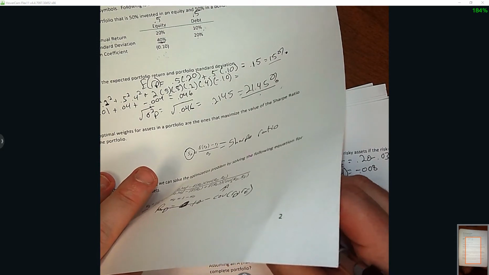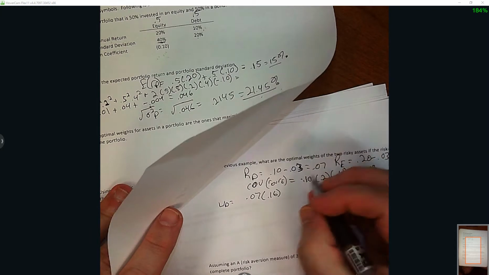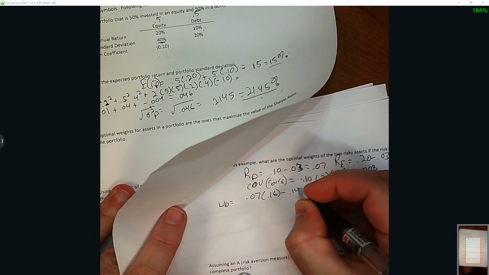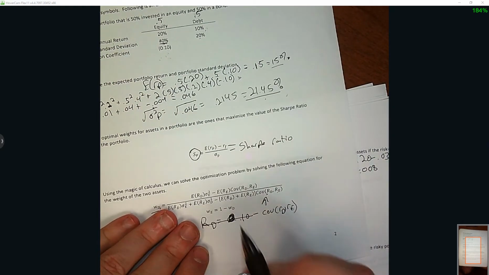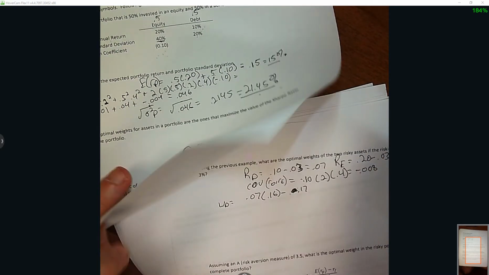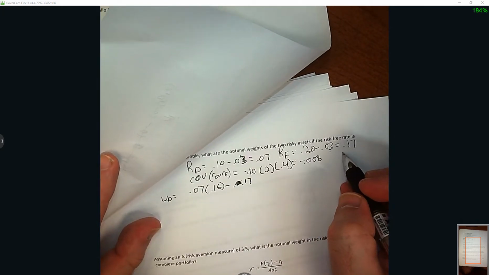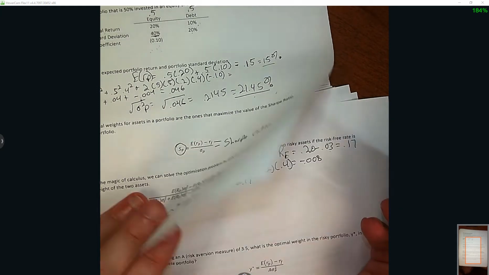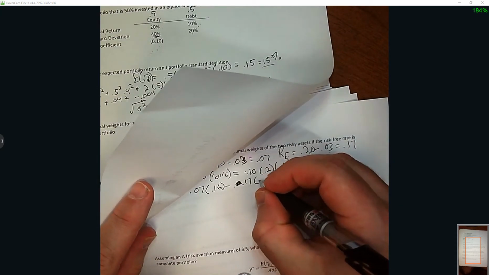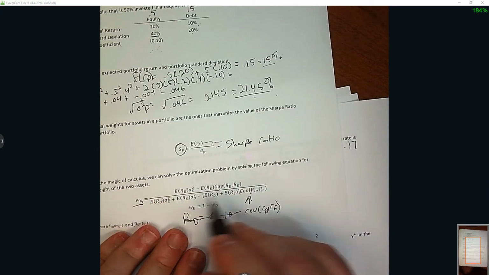So multiplied by 0.16 minus 0.17. And again, that's capital R_E. So we get that right here, 0.20 minus 0.03 to get 0.17. Now I'm going to take the covariance of R_D, R_E, which we just calculated, as negative 0.008. And that's my numerator then.